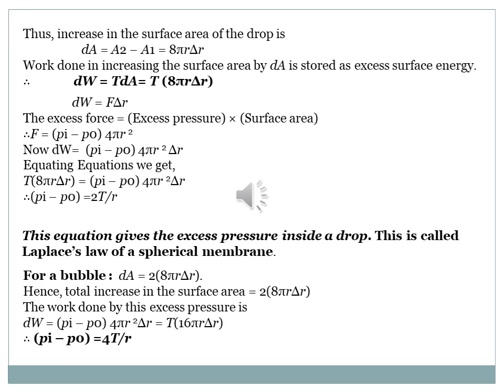So we got two equations for dW. First one is T into 8 pi r delta r and second one is Pi minus P0 into 4 pi r square into delta r. So we can equate both the equations. By equating, all the same terms will get cancelled, and you are only getting Pi minus P0 is equal to 2T upon r.